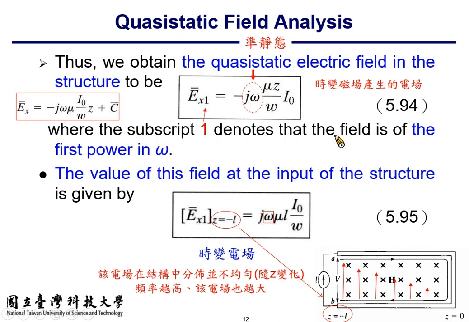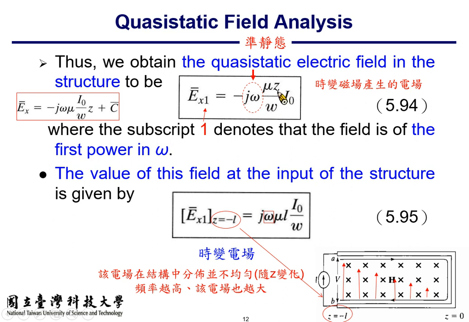So the zeroth order magnetic field term, if it has time dependence, then it will produce first order electrical field term, EX1, here. So looking into the composition of the EX1 term, we know that it's proportional to frequency, right? The higher the signal frequency, the larger the electrical field.